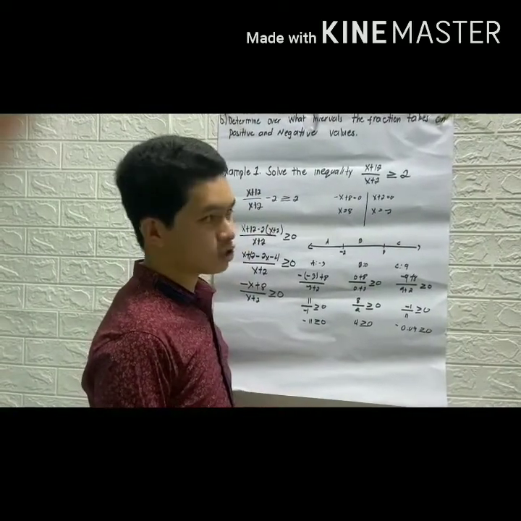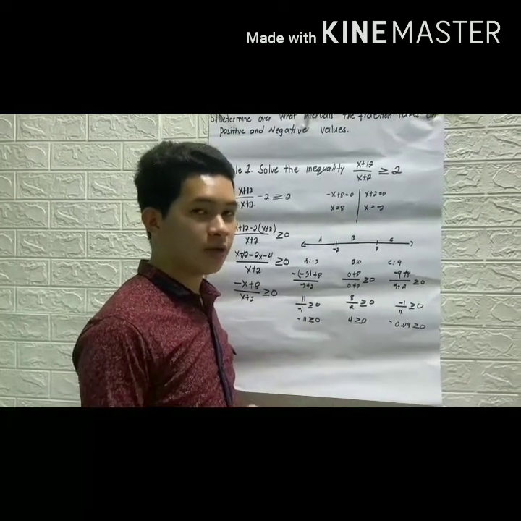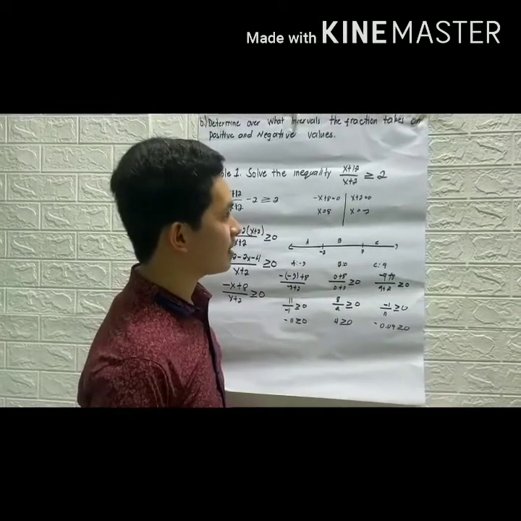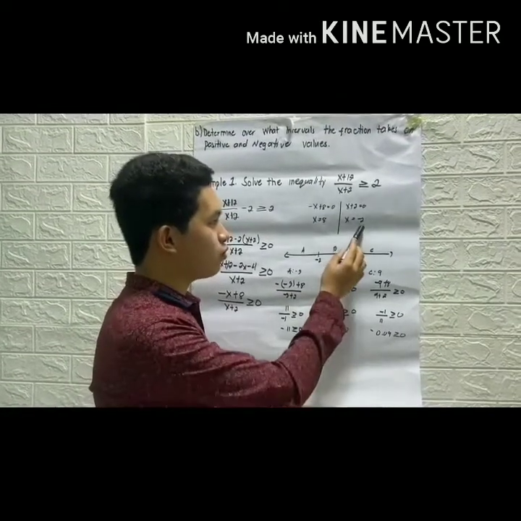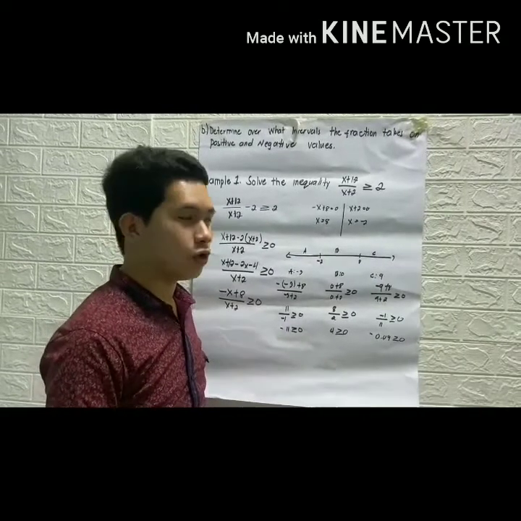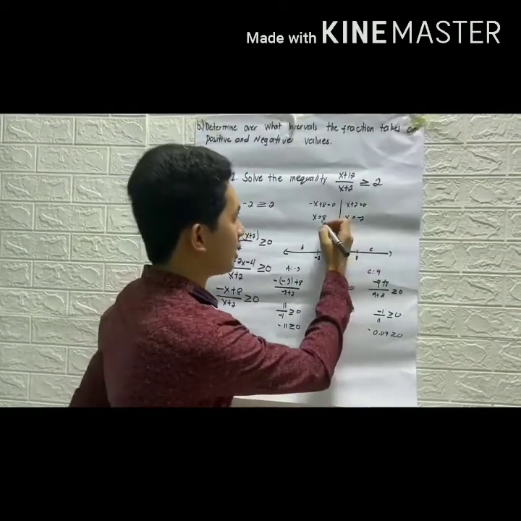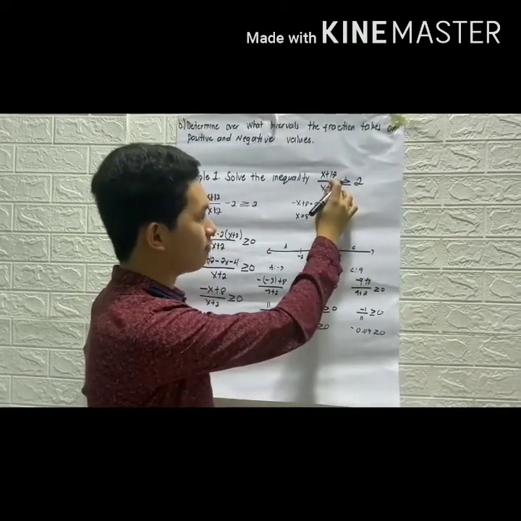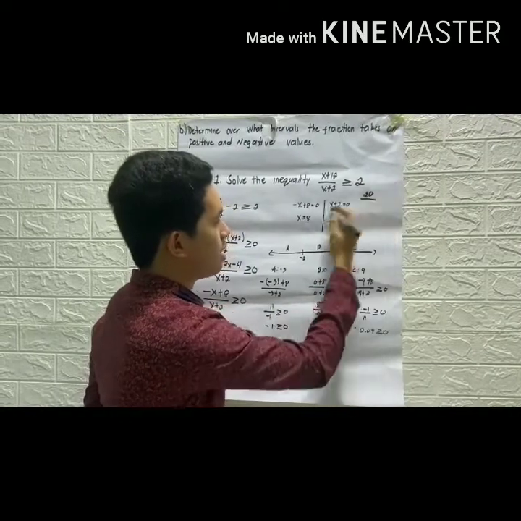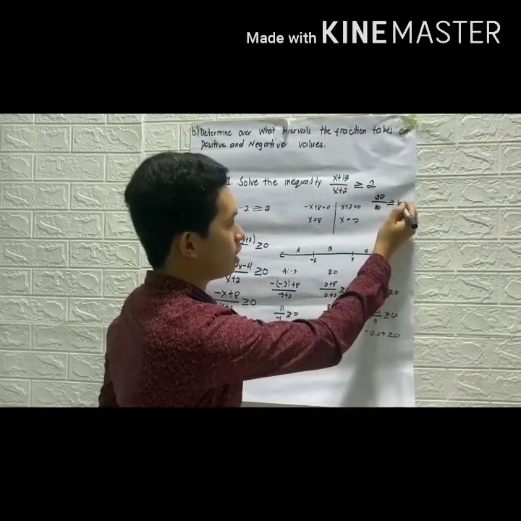So bago natin i-solve kung saan yung interval solution natin, i-identify muna natin si negative 2 ba at positive 8 ay part ng solution. So paano natin gawin? Substitution. Si 8 plus 12 is equal to 20 over 8 plus 2 is 10 greater than or equal to 0.